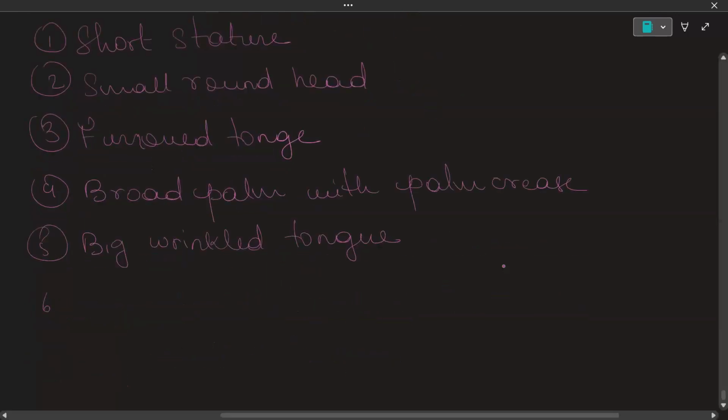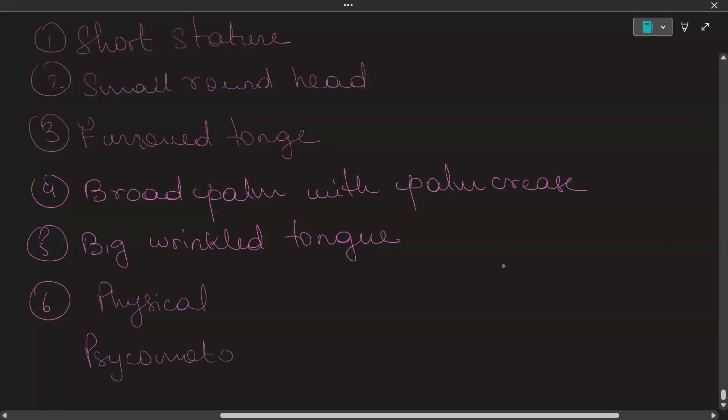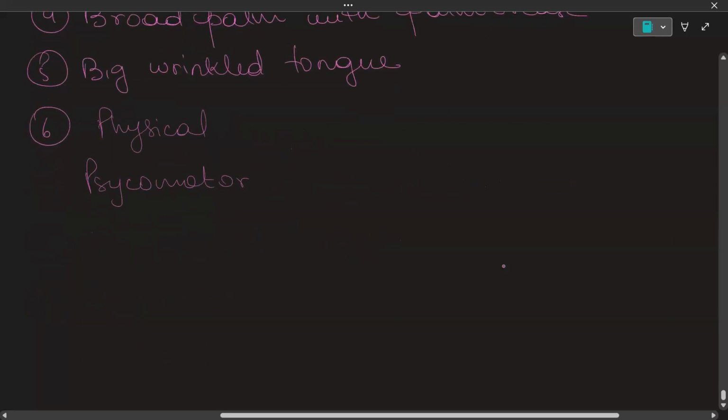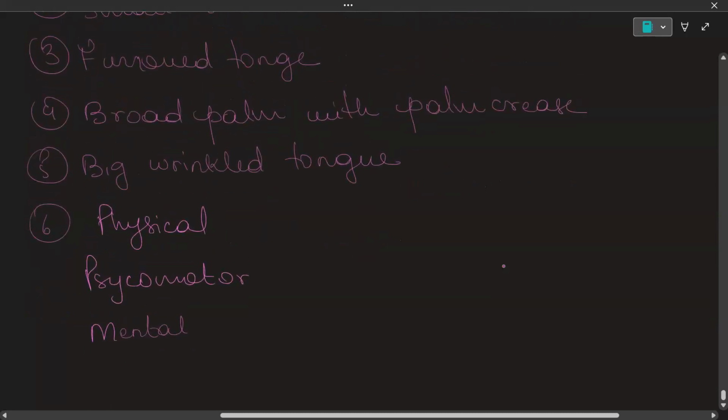And then there are many physical, psychomotor, and mental developments that are retarded. In the physical aspect, you have underdeveloped gonads and genitals.